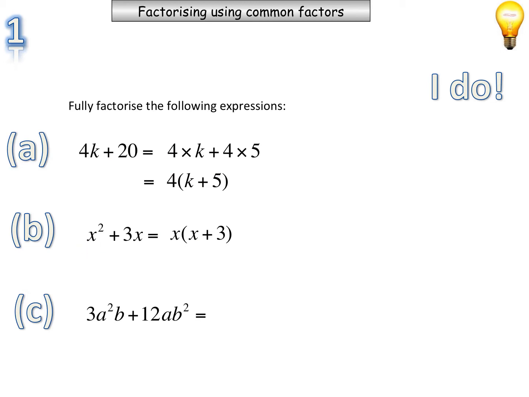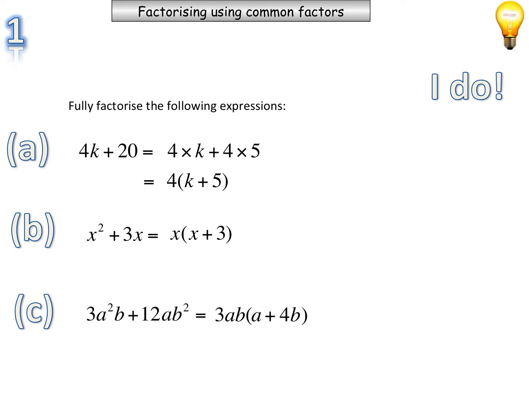Or you could say x squared divided by x is x. 3x divided by x is 3. Or x times what number is 3x. So you get x multiplied by x plus 3.